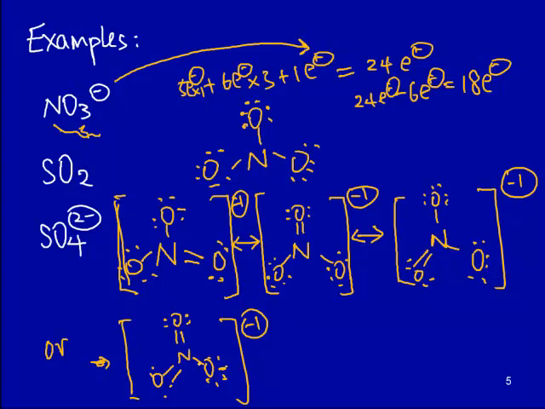Count how many valence electrons you have: 1 pair, 2 pair, 3 pair, 4 pair, 5 pair.